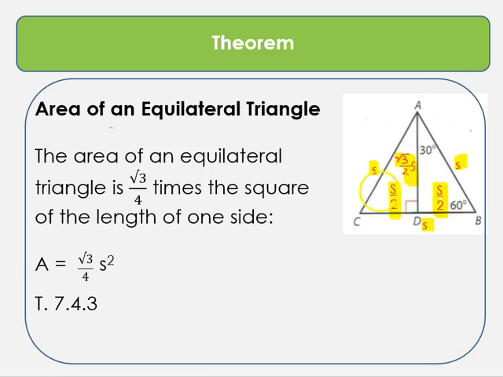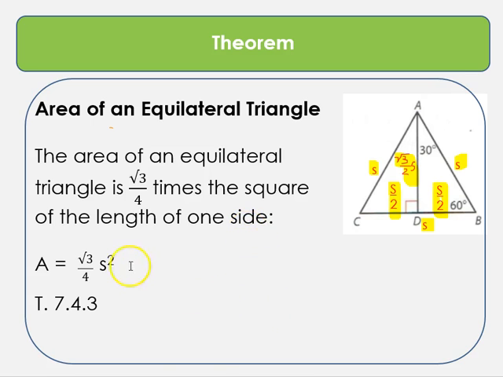So these are the pieces of the triangle, and you'll be using these pieces. So you should make a picture of this and go ahead and just mark it this way. At first it won't be intuitive, but as you go along to use it, you'll get the idea. So the area of an equilateral triangle is square root of 3 over 4 times the square of the length of one side.